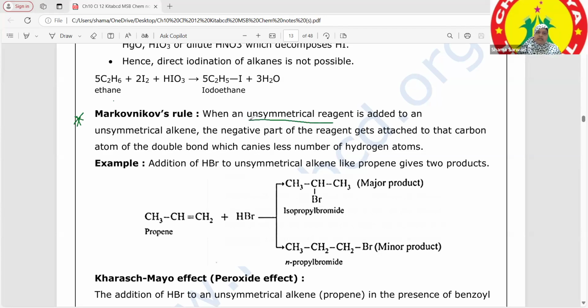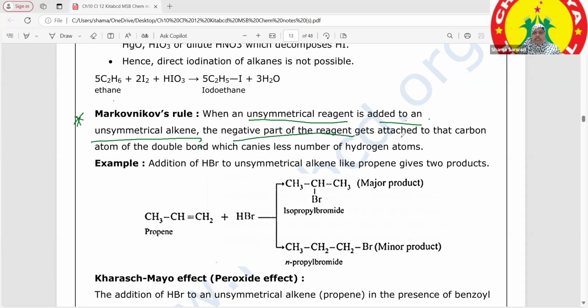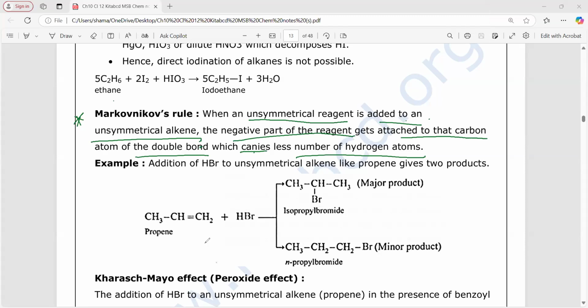When an unsymmetrical reagent is added to an unsymmetrical alkene, the negative part of the reagent gets attached to that carbon atom of the double bond which carries less number of hydrogen atoms, meaning mostly it goes to the secondary or tertiary carbon. Secondary and tertiary carbons carry fewer hydrogens as compared to primary, correct?